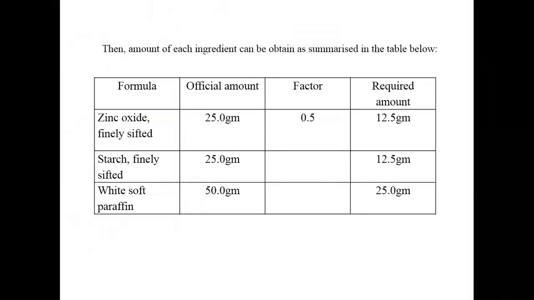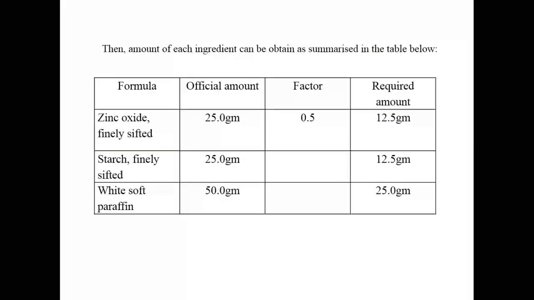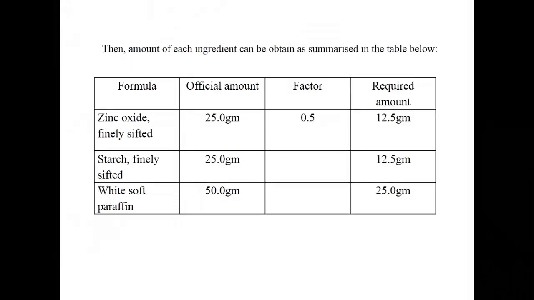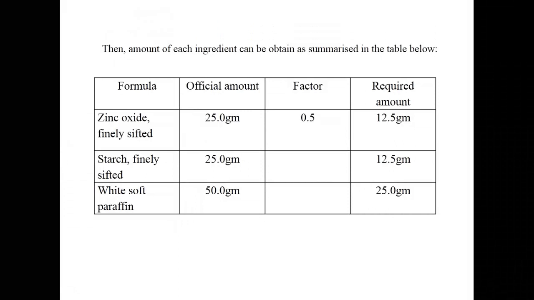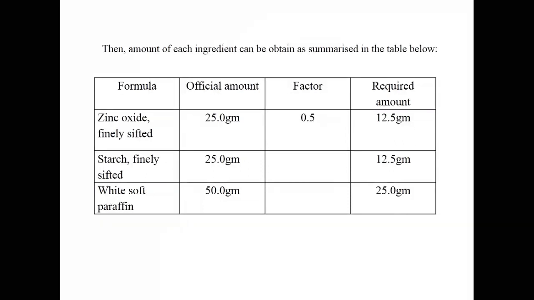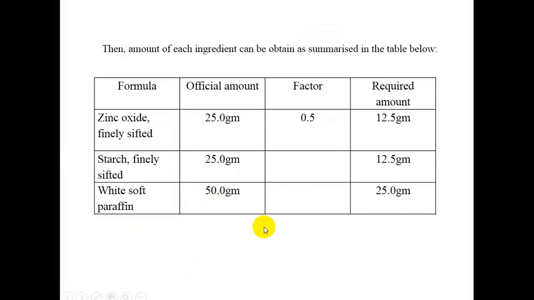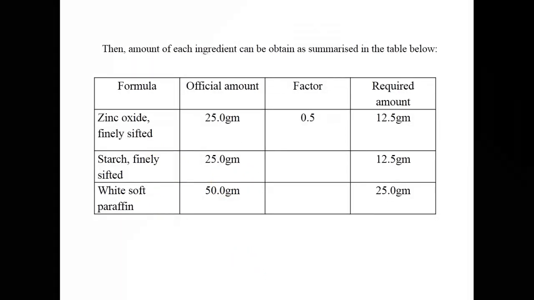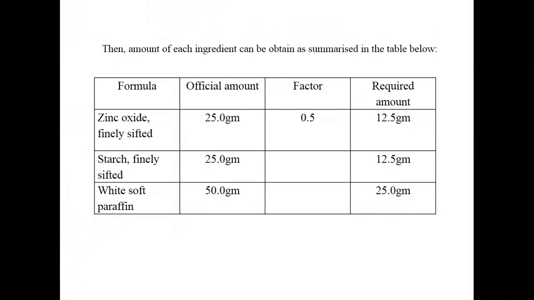Then white soft paraffin imetumika as a vehicle. Starch imetumika as an absorbent and whatever. Sasa utaangalia hizi active ingredient utazipata wapi? Utazipata kwenda kwenye Martindale kule. Kwenye Martindale ndio utapata uses of each ingredient. Unajua zinc oxide inatumika kama nini, starch imetumika kama nini, white soft paraffin imetumika kama nini.